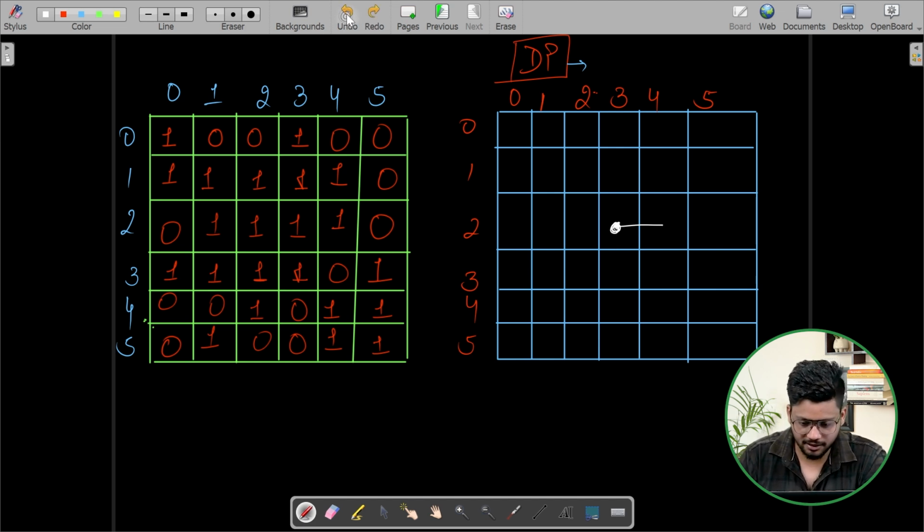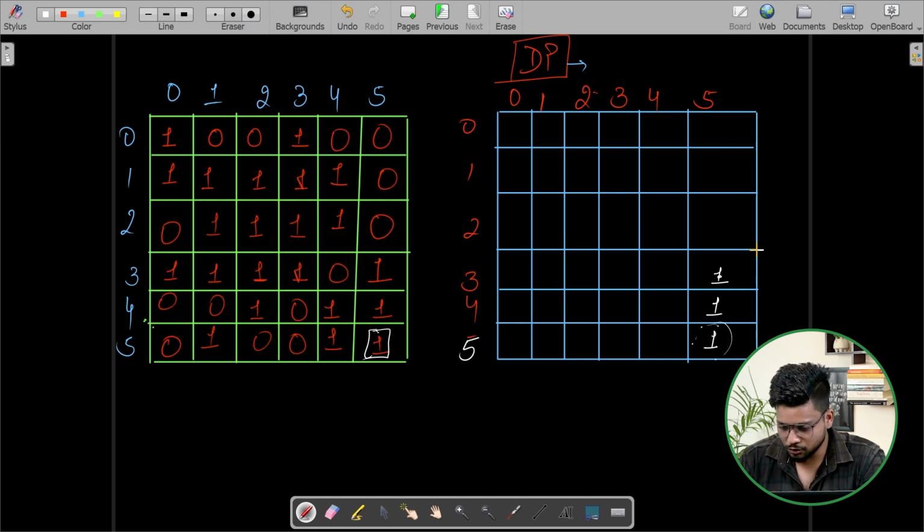Let's understand it more clearly. What is going to be the matrix if this is the corner? So if I'm at this corner, only a square of length one can be made over here. If it is a 1, then we have to put a 1, because it can't form a 2 or 3 or something like this, since it will come out of this box.